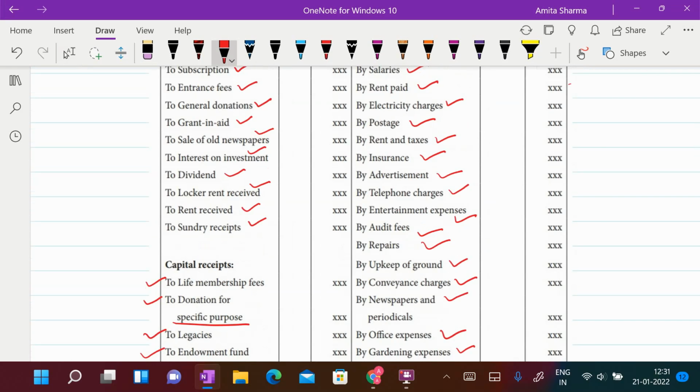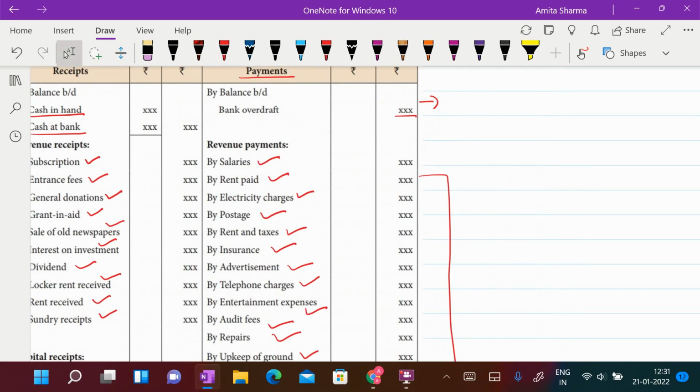All these revenue nature expenditures will be taken after this on the debit side of the income and expenditure account.